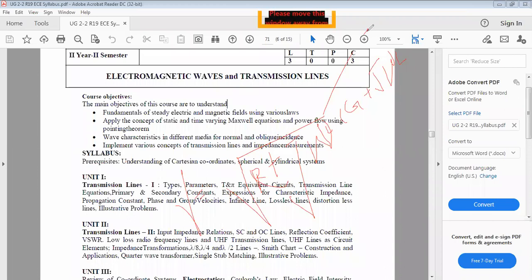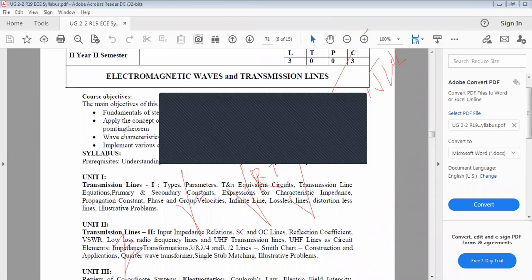Another secondary parameter is Z naught, the characteristic impedance. There is no gamma here: Z naught is the square root of (R plus j omega L) divided by (G plus j omega C).